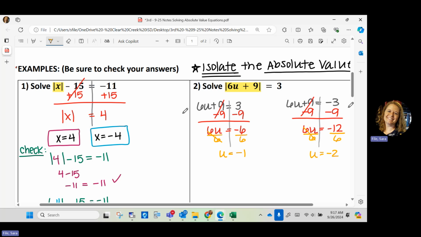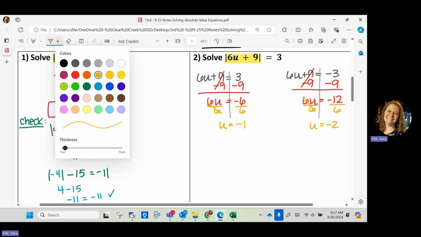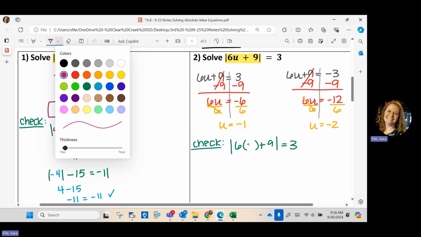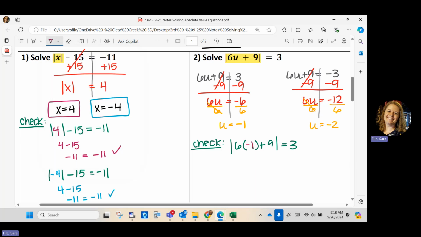So now I'm going to check that those both work. So it is the absolute value of 6u plus 9 equals 3. I'm going to plug in a negative 1 and see if negative 1 works. So if I plug that in and evaluate, I've got 6 times negative 1, that's negative 6, plus 9, and that's all still in the absolute value.